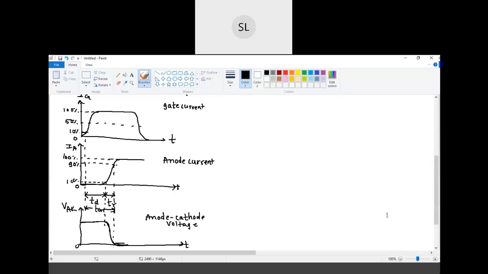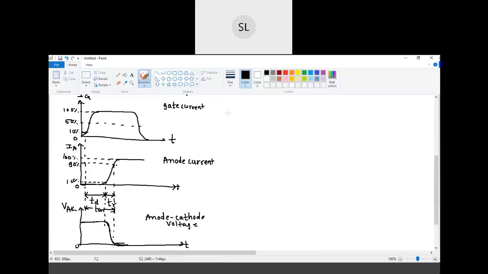As I already told you, whenever the anode is made positive with respect to the cathode, and we apply some positive voltage to the gate terminal, the gate current will start flowing through the device. This gate current will inject carriers into the P region, but initially it will be concentrated near the gate terminal, and then it will contribute to the anode current.